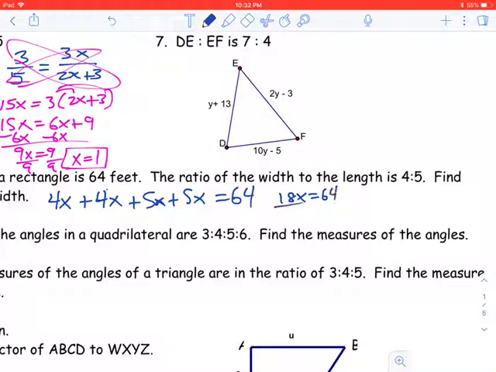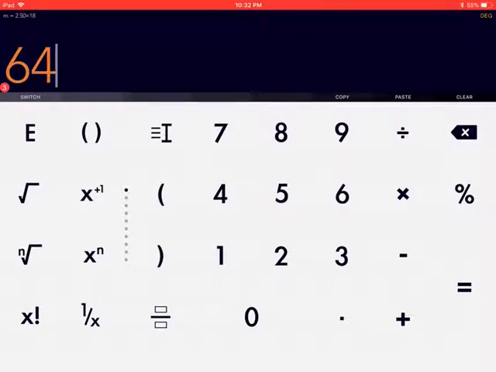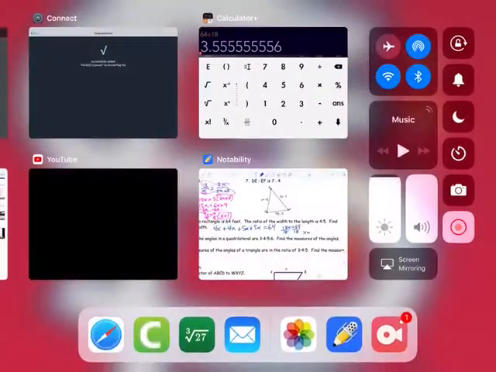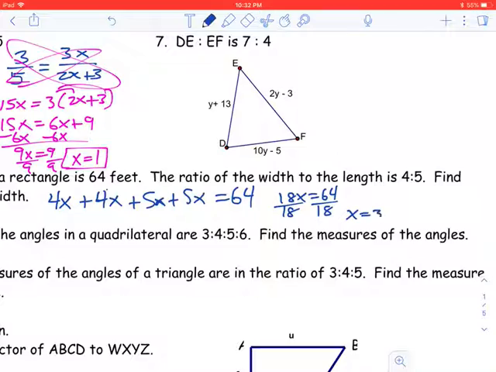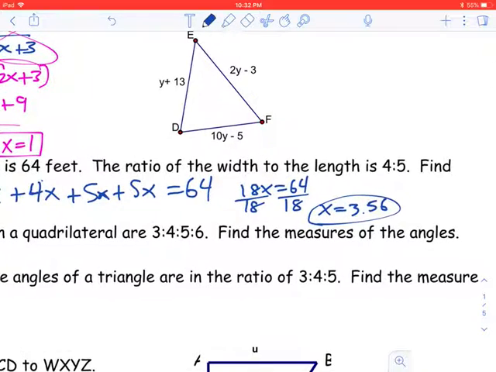64. And so when I divide by 18, I get x equals 64 divided by 18. 64 divided by 18 is 3.55 or 3.56. And so to find the length and the width, I just plug it in, 4 times that and 5 times that.